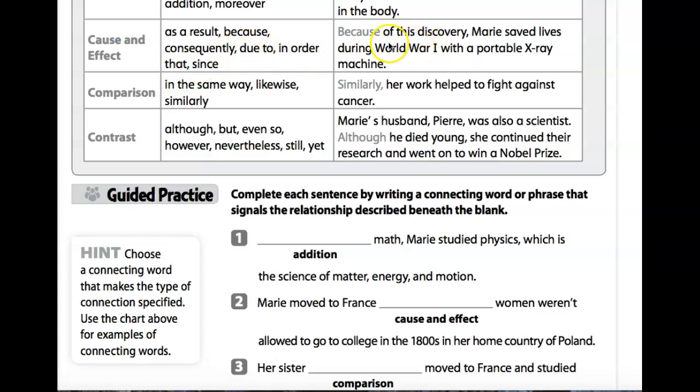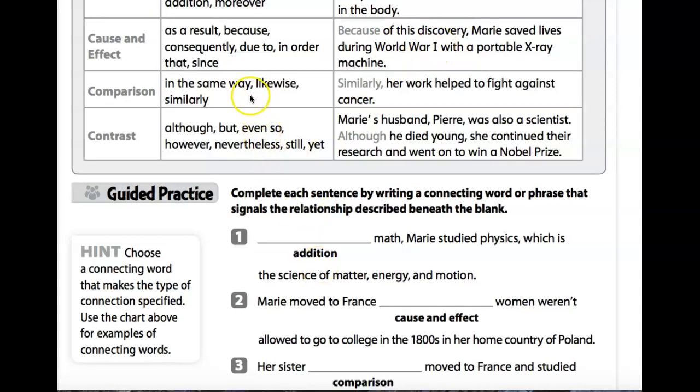Its purpose is to just tell you the effects of something that's happened. Another text structure is compare and contrast. When we compare things, we are finding how they're similar or how they are alike. When we contrast things, we are looking for how things are different. And here are the key words for those.